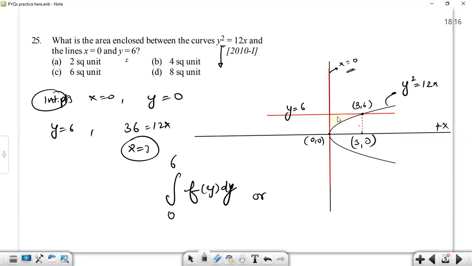Or we can find the area under this curve, like this shaded region, and then find the area of this rectangle, and then subtract the shaded area from it. So we have two methods. Please tell me which one we should use now. Anyone, pick anyone.